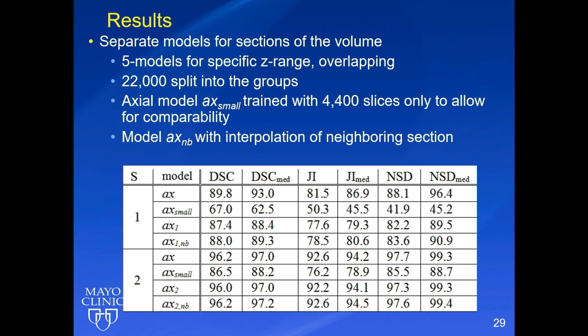But what we saw was that the entire axial model, in the lower section, where it is worse compared to the other sections, did slightly better compared to the models that are only trained on 20% of the entire volume.